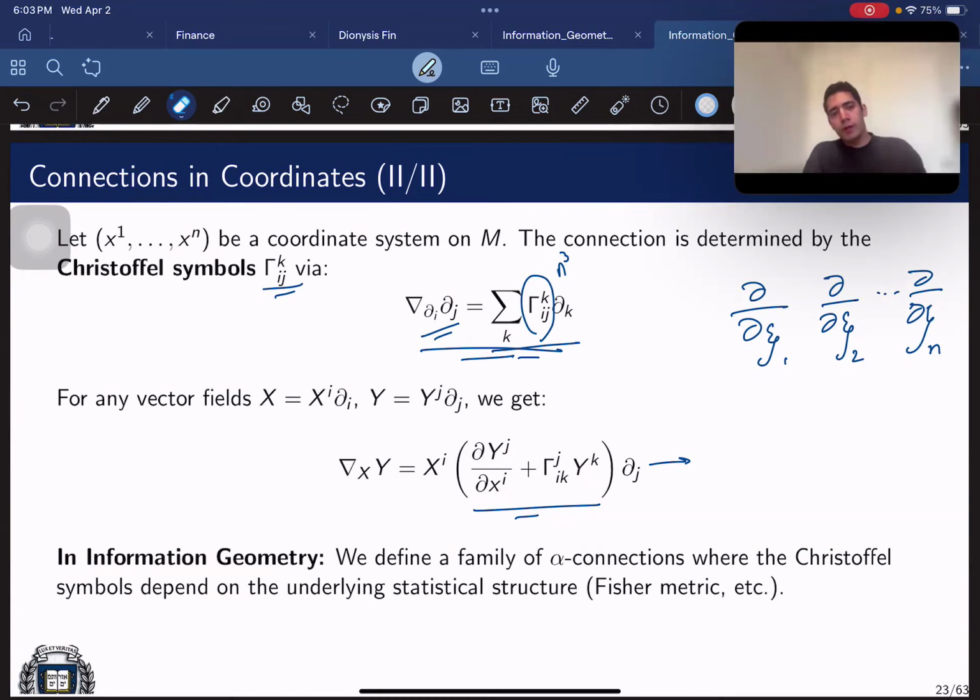So affine connection is nothing but n to the power of 3 numbers, which define how I should change a vector field with respect to another. Okay. Is that clear for everyone? Okay.